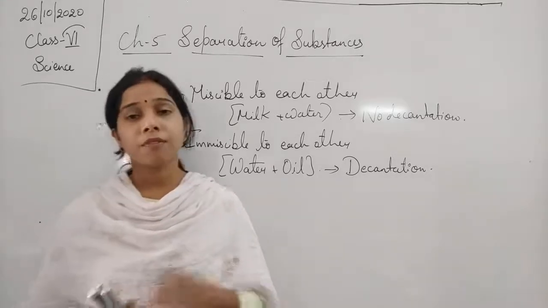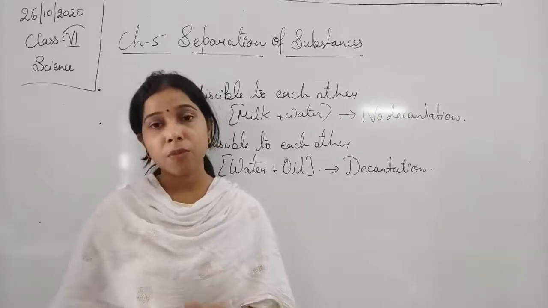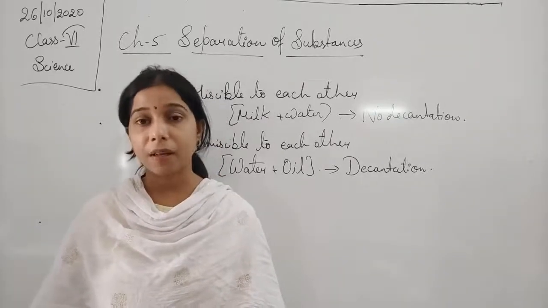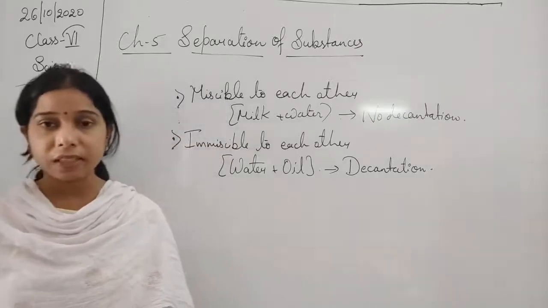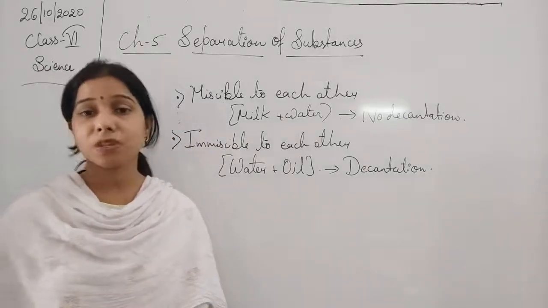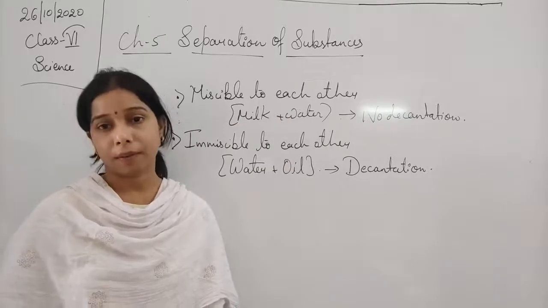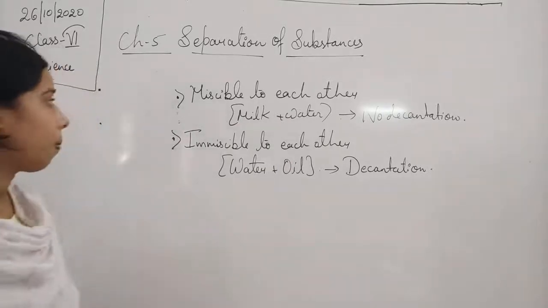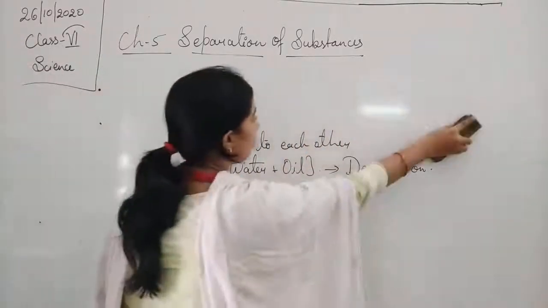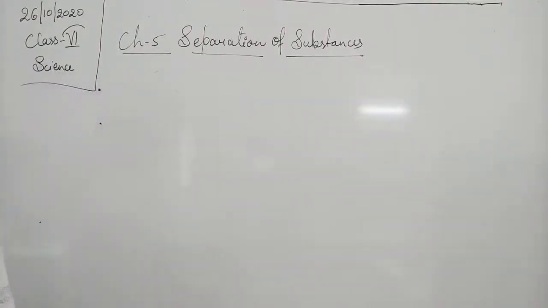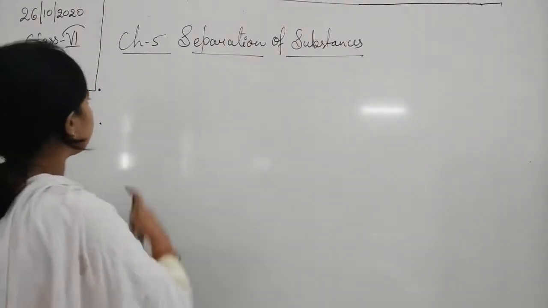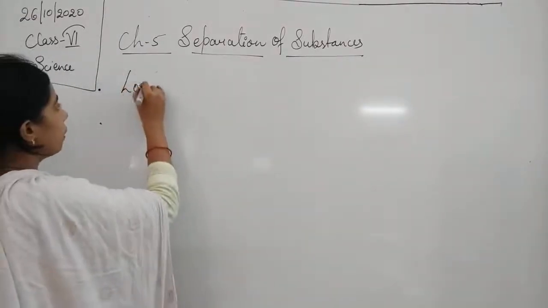So for the removal of suspended particles, we can use another kind of separating method, that is known as loading. Let me tell you about loading. So the next method is that of loading.